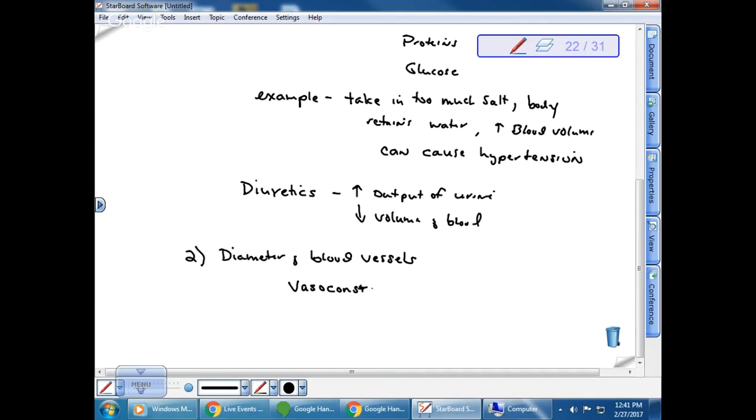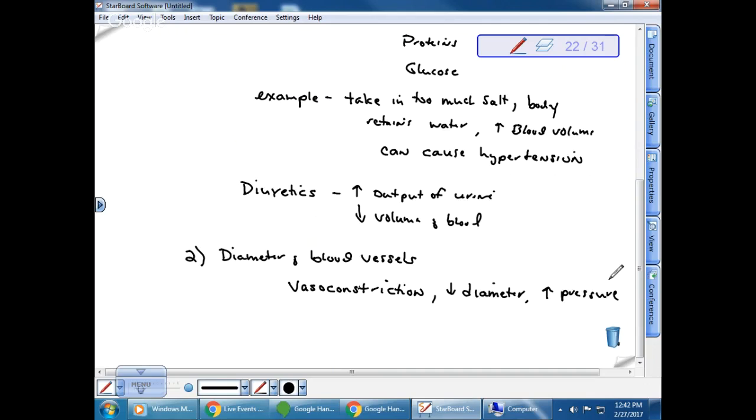Vasoconstriction means that the smooth muscle in the blood vessels has been activated, and so this decreases the diameter. And when you decrease the diameter and the volume's the same, you increase the pressure. So it's kind of like you have water flowing through a hose. You put your thumb over the end of it, you decrease the diameter, but the water now comes out at a very high pressure, right?